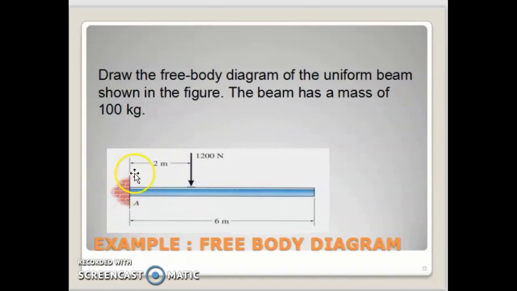Let's have some exercise here. Let's say we need to draw a free body diagram of the uniform beam, like the one shown in the figure here, and the beam has a mass of 100 kilograms. How do we convert this idealized model into the free body diagram?